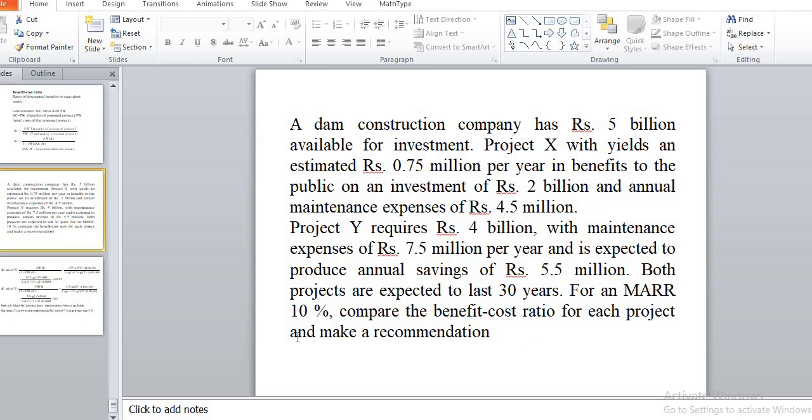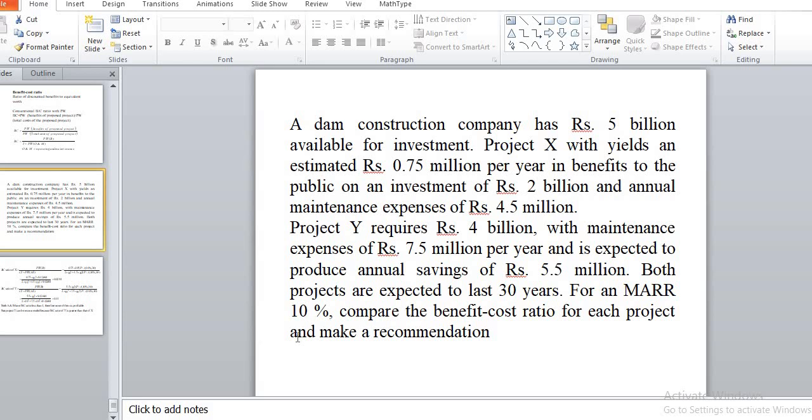In this example, a company has 5 billion, and from this 5 billion it will invest in some projects. It has two projects, X and Y, and in each of them they invest some money. Each project has some revenue, some amount the company will get yearly from that project.